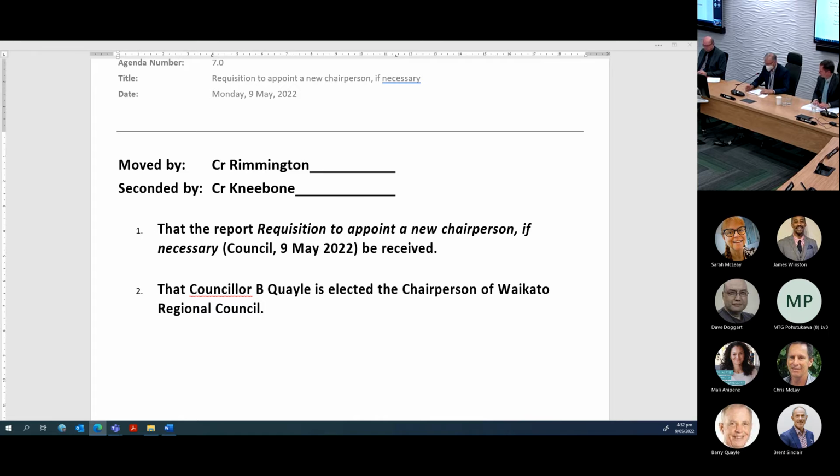Now I'll read the declaration. Pursuant to Schedule 7, Clause 14 of the Local Government Act, I, Barry Quayle, declare that I will faithfully and impartially and according to the best of my skill and judgment execute and perform in the best interests of the Waikato region the powers, authorities and duties vested in or imposed upon me as chairperson of the Waikato Regional Council by virtue of the Local Government Act 2002, the Local Government Official Information and Meetings Act 1987 or any other act.